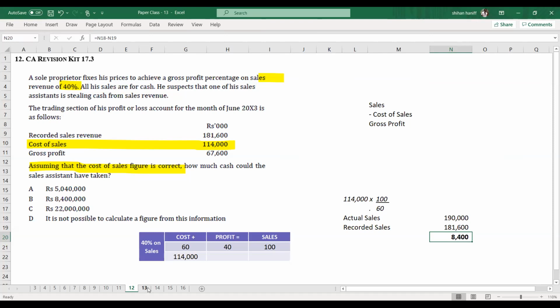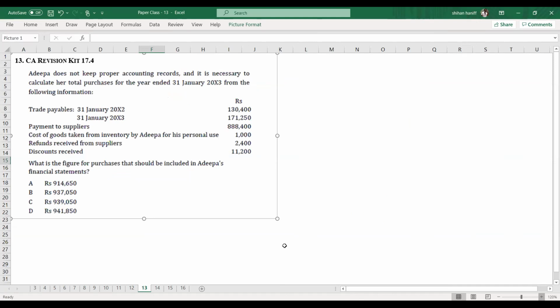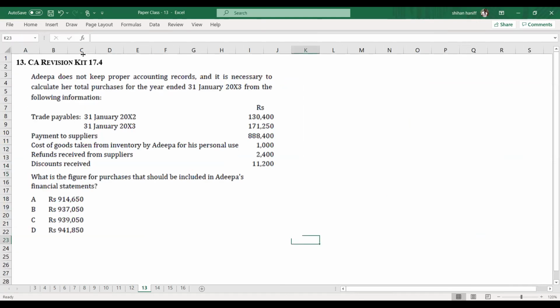Right. Question number 30. Deepa does not keep proper accounting records, and it is necessary to calculate her total purchases for the year ended 31st January 2003 from the following information: trade payables, payments to suppliers, cost of goods taken from inventory by Deepa for her personal use, refunds received from suppliers, discounts received.